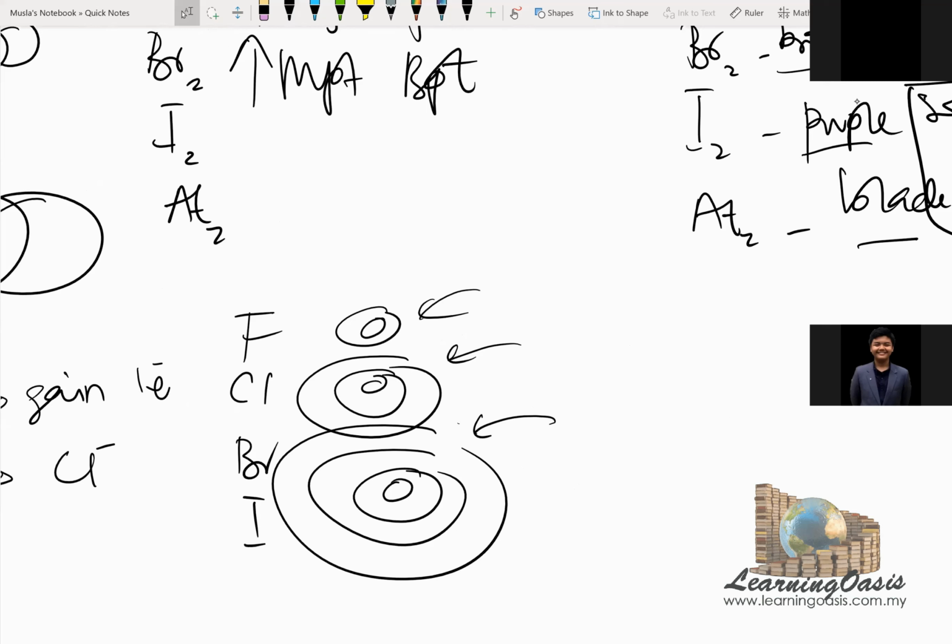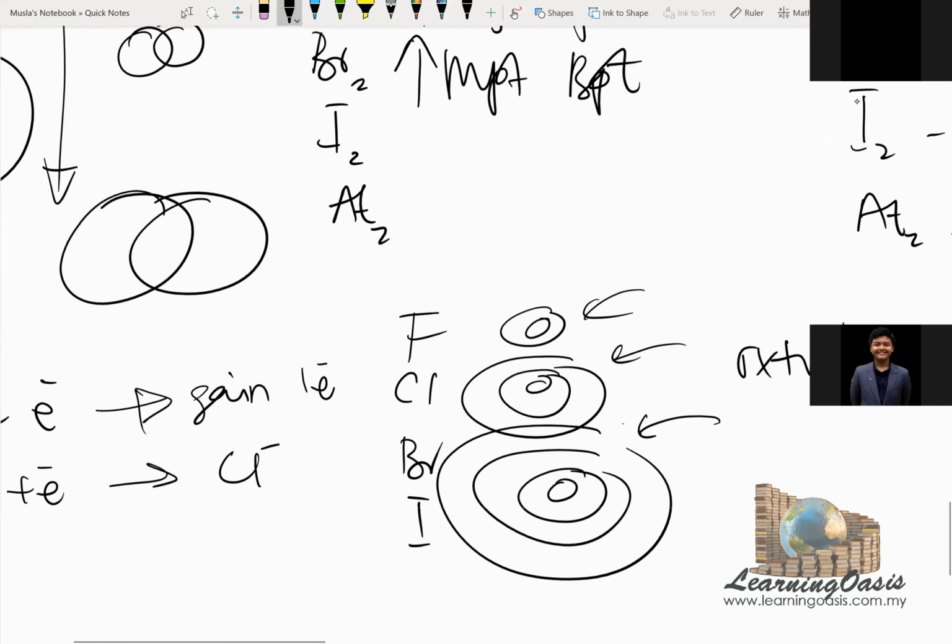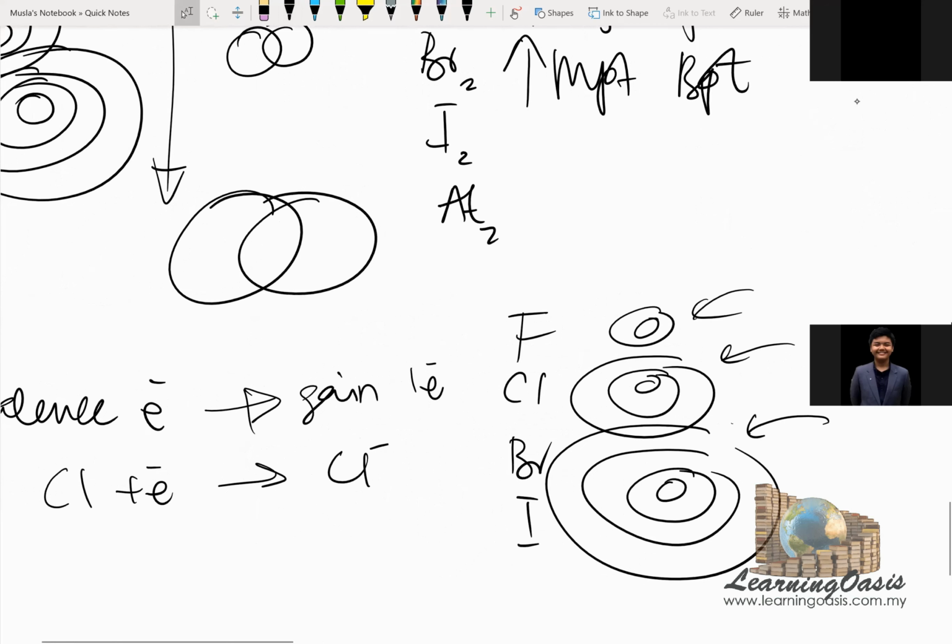Therefore, in terms of reactivity, reactivity decreases down the group. The most reactive will be fluorine. The least reactive will be iodine. You get that?